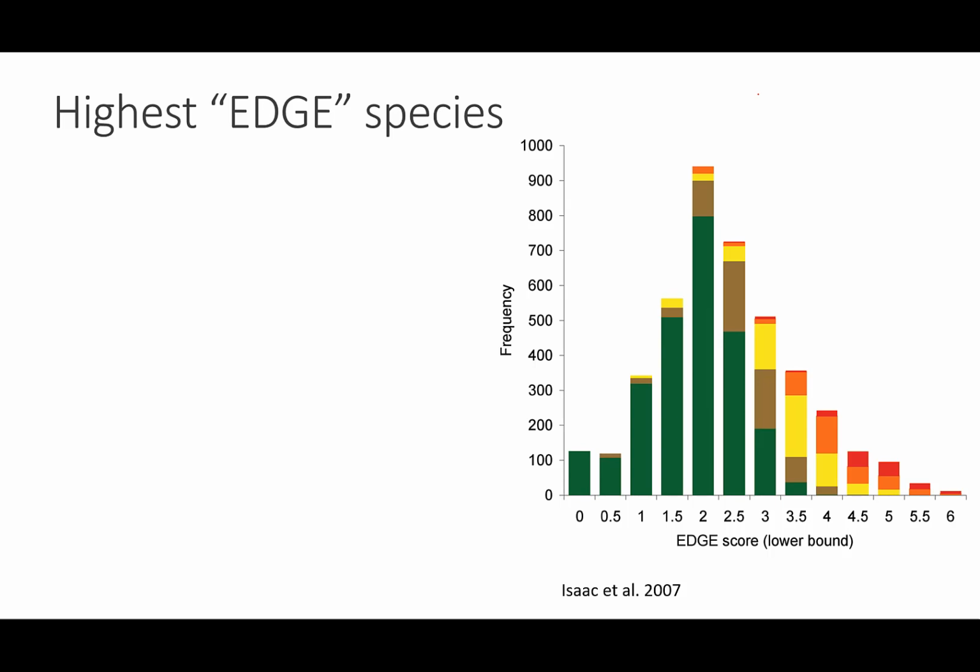But what I wanted to show you is the study which calculated the EDGE scores for a bunch of different taxa, and they focus mostly on mammals because really mammals and some vertebrate groups are the only ones that we have a lot of EDGE score information for.